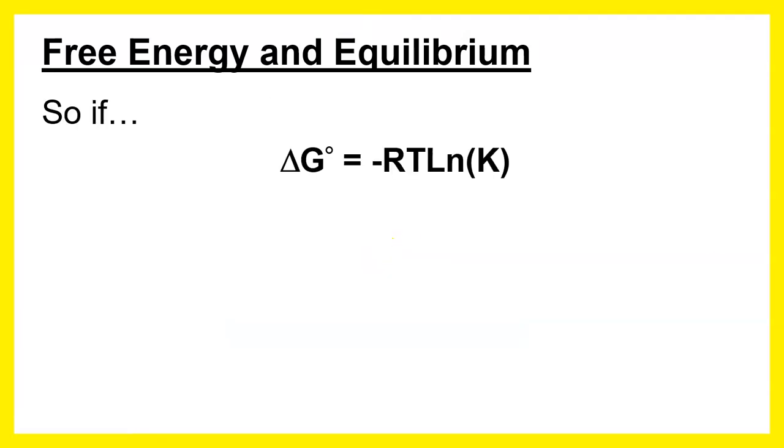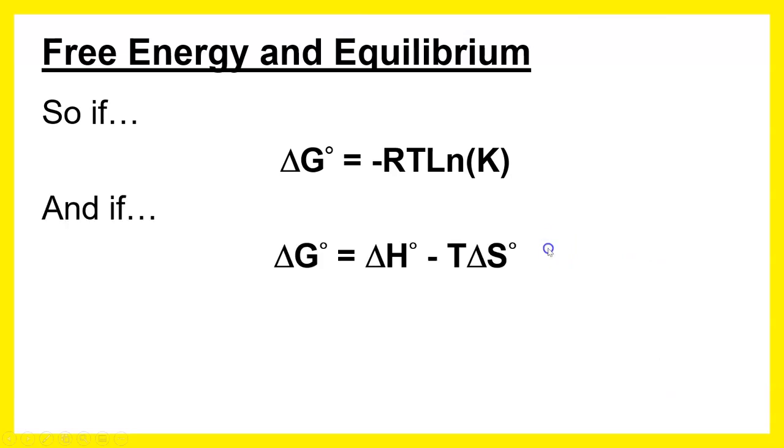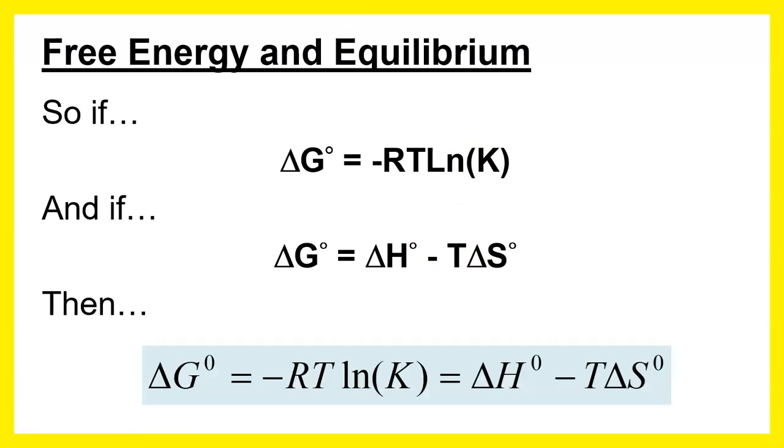So if we have our negative van't Hoff equation over here, and we know the Gibbs-Helmholtz equation, what can I do with these two equations if they both equal delta G naught? Well, I can set them equal to each other, can't I?